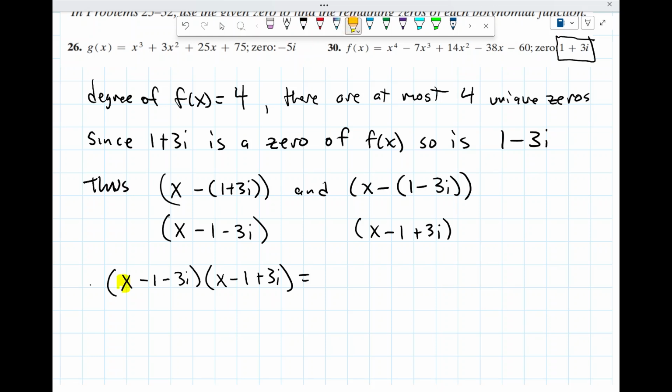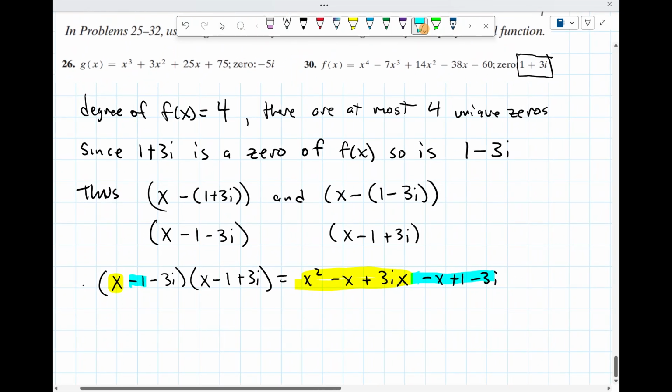All right. Let's go ahead and multiply everything in the right-hand parentheses by x. So this will be x squared minus x plus 3ix. I'm going to multiply everything in the right-hand parenthesis now by negative 1. So that will be negative x plus 1 minus 3i.